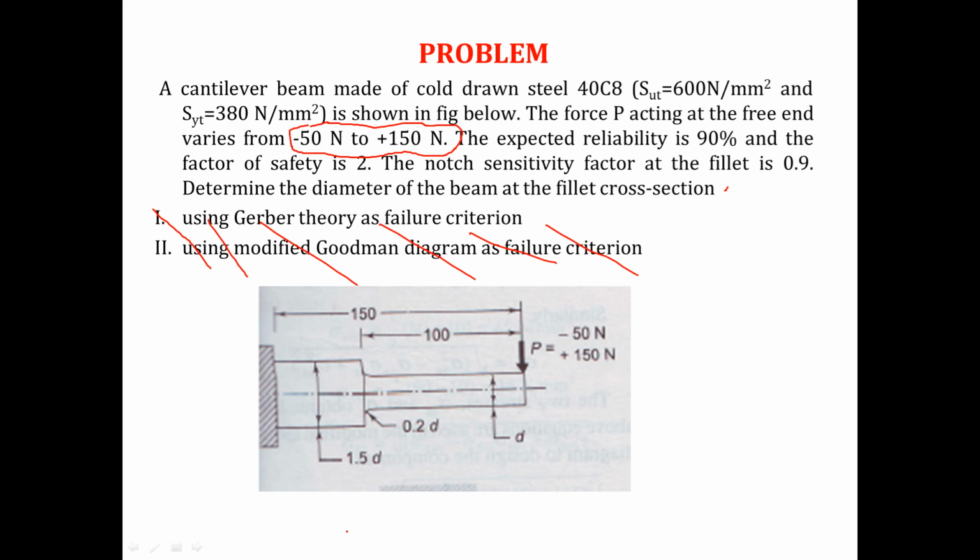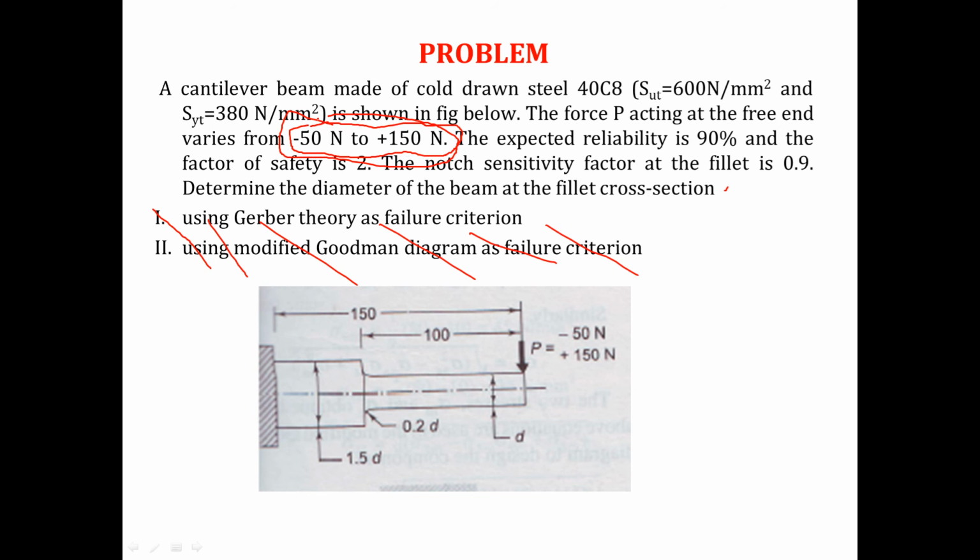From these values, it is clear that this force is fluctuating in nature. In some previous classes, I have told you about three types of stresses: repeated stress, reversed stress, fluctuating stress. Fluctuating stress is that stress which varies in magnitude about a mean line. So this is fluctuating load.